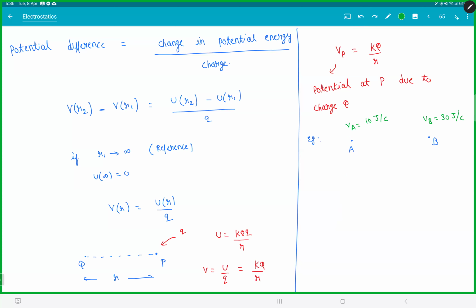U is the potential energy of a system, or you can say U is the potential energy gained when you bring it from infinity.